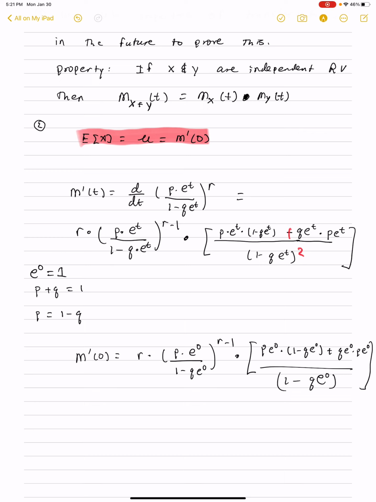Okay, now let's simplify this. This will be r times p. 1 minus q in the denominator is p as well, so that'll be 1 to the r minus 1 times p times, well, 1 minus q is p, so p plus q times p, divided by p.